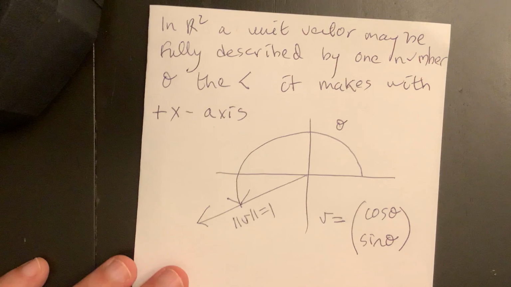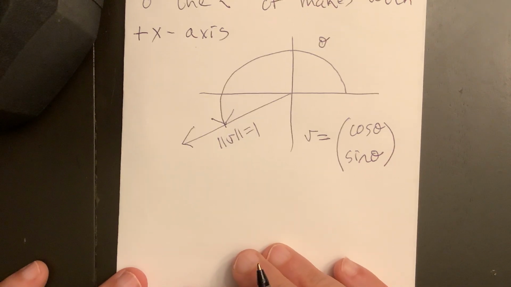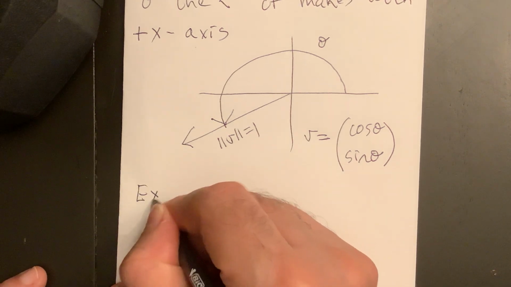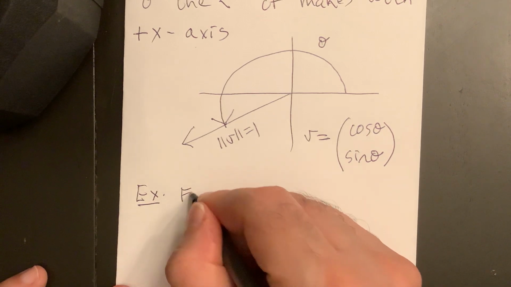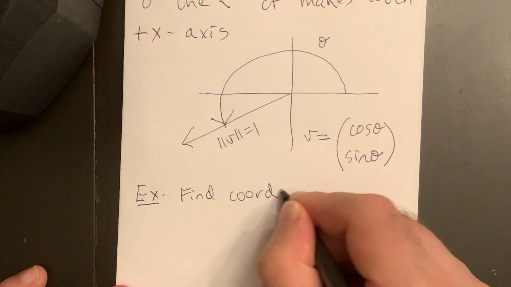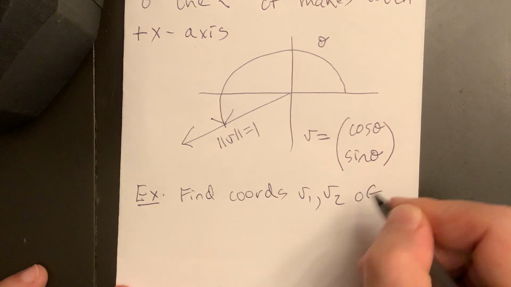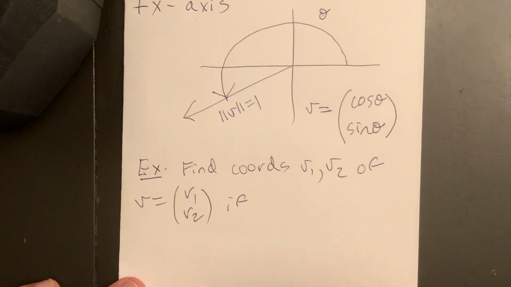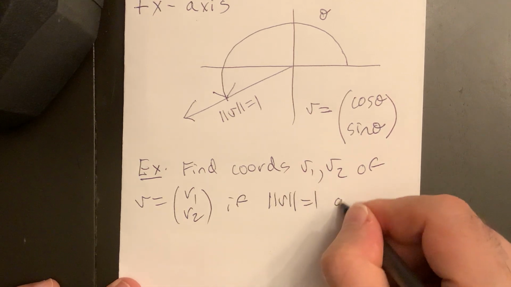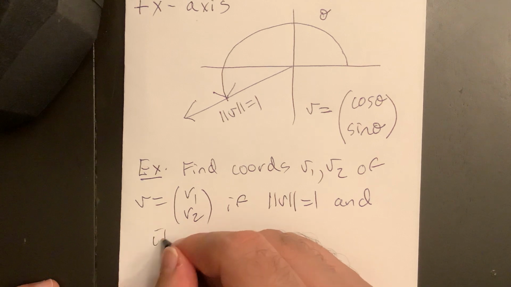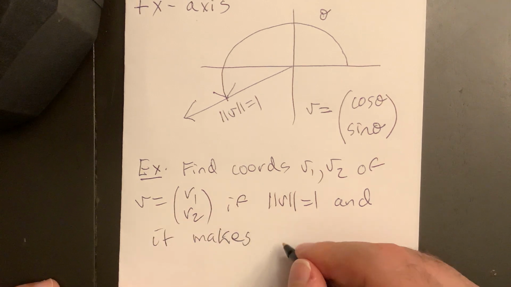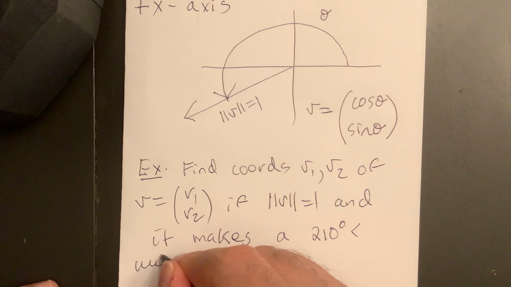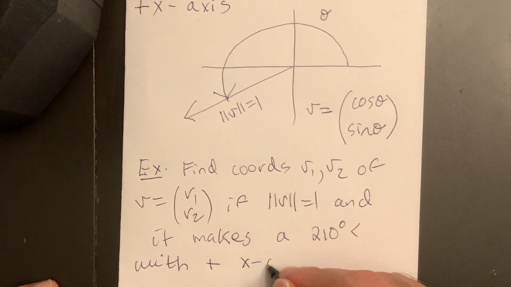All right, so far so good. So, for example, let's say as an example, suppose I tell you find coordinates v1, v2 of v equals (v1, v2) if the length of v equals 1 and it makes a 210-degree angle with the positive x-axis.